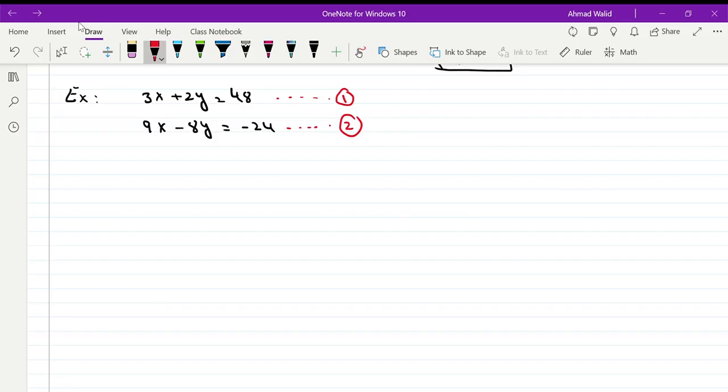In the elimination method and the addition method, I'll give you some rules now. Before solving this example, follow these rules, or these steps, correct?